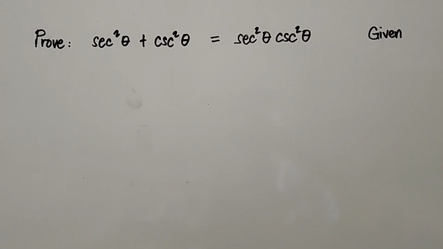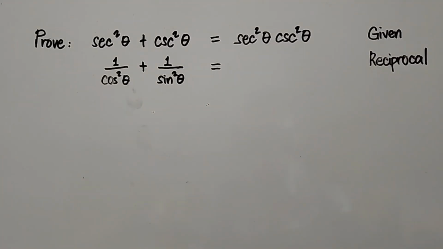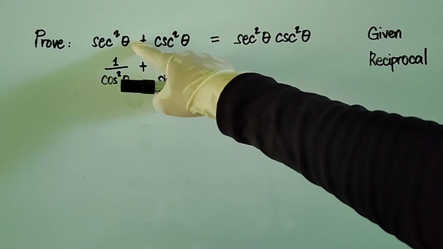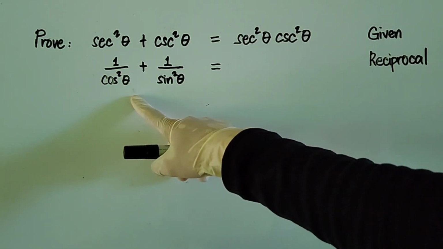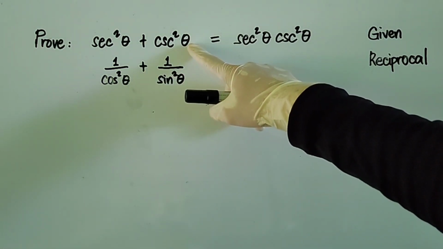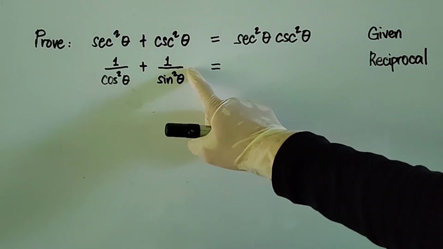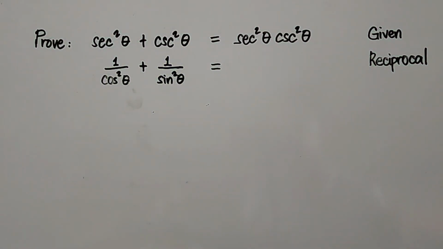Therefore, put it in mind that the Pythagorean identities are very useful in proving this identity. By applying the reciprocal identity, secant squared theta is 1 over cosine squared theta. And the reciprocal identity of the cosecant squared is 1 over sine squared theta.